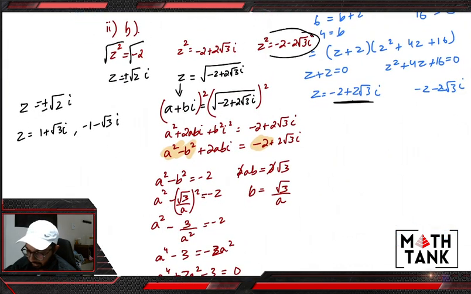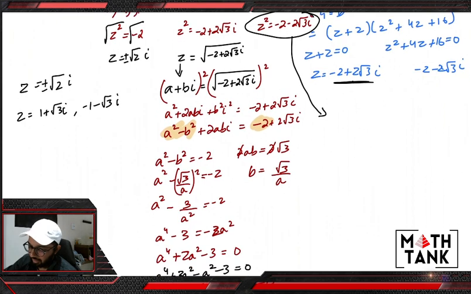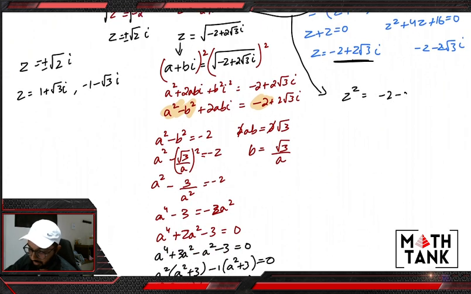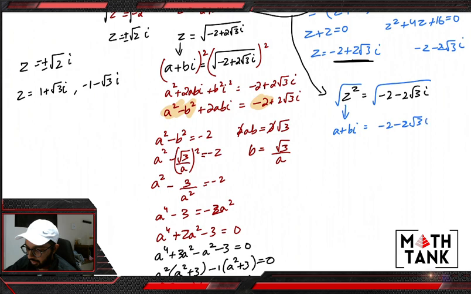Now for the third set of coordinates, again I need to use this and do the same process again. So I'm assuming this process will be a little easier based on something that I've already done, but I want to be absolutely sure. So I'm going to take a root and replace this with a plus bi again. Minus 2 root 3i, a squared plus 2abi plus b squared i squared equals minus 2 root 3i.